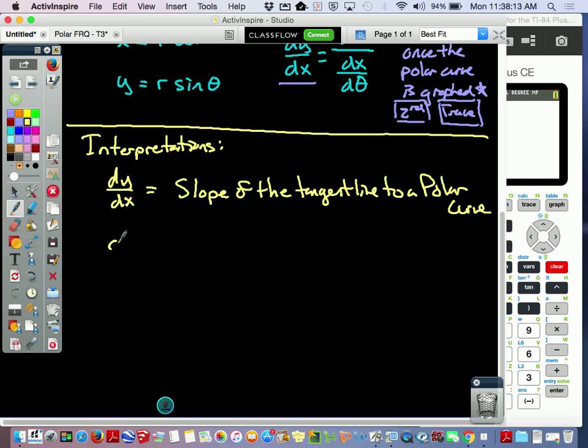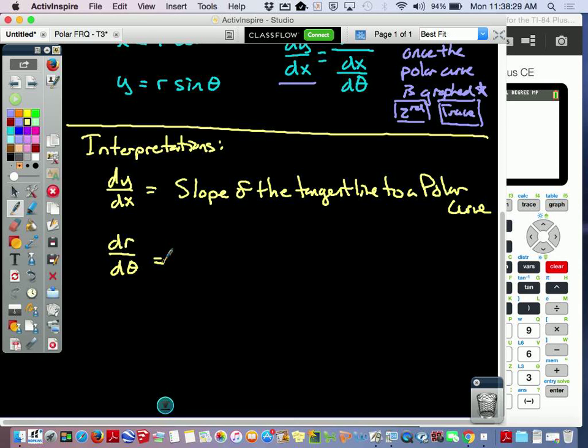If you go to Math 8, or you also graph a polar curve and go to that second trace button, another option that you have is to find dr d theta. So the question is, what does dr d theta actually represent? So r represents what we call the radius.